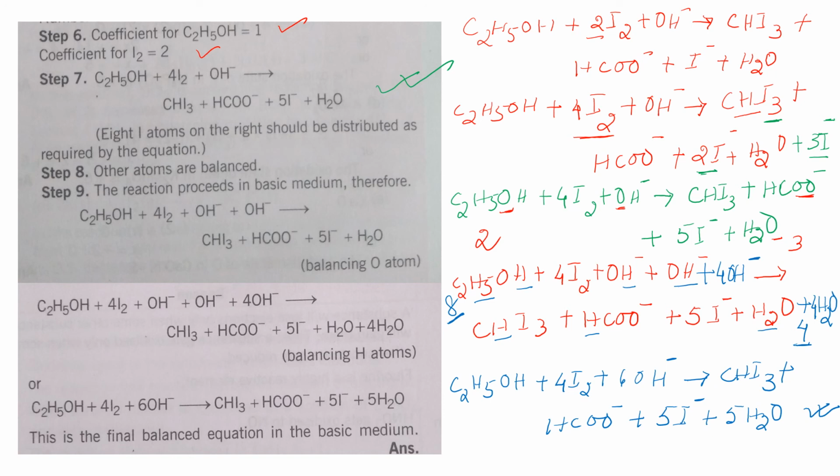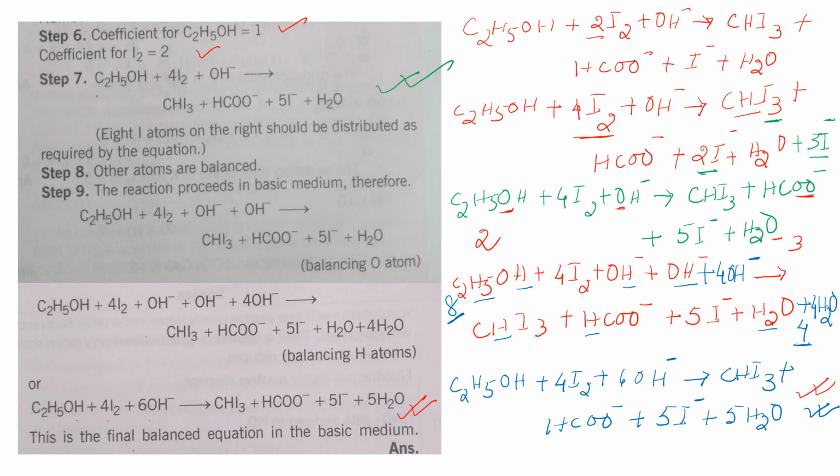What is my final equation? C2H5OH plus 4I2 plus 6OH minus is giving you CHI3 plus HCOO minus plus 5I minus plus 5H2O. Just see here and see here, both are same. So this is my final equation balanced in basic medium.